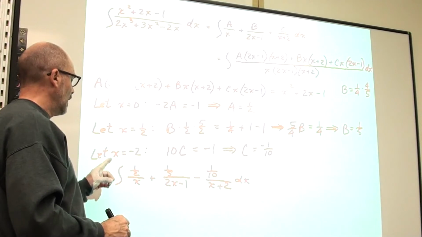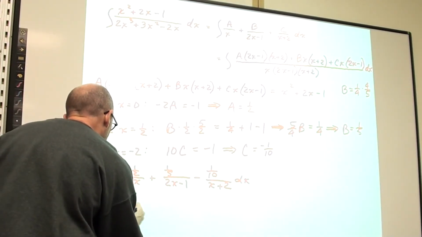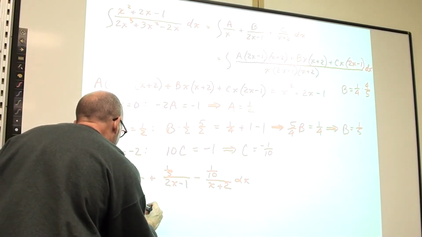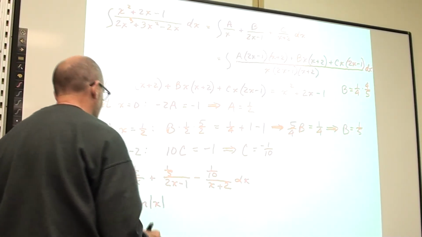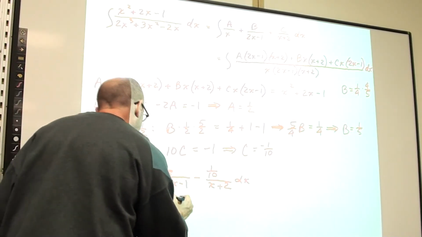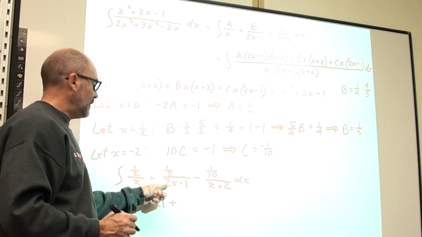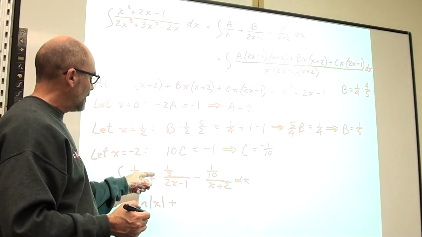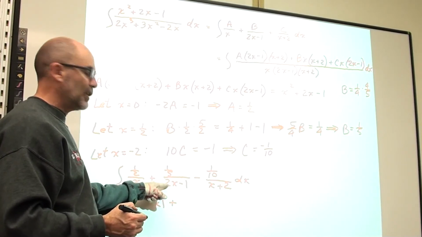Okay, so I can do the integration now, and I'm going to end up with 1/2 natural log of the absolute value of x, plus, now, this is a situation where we're actually doing a u substitution, so it's got to be 1/2 to counteract this 2.